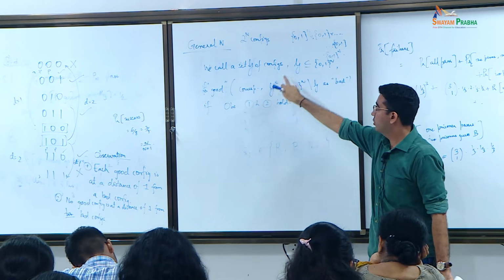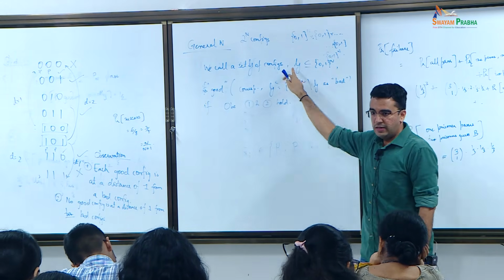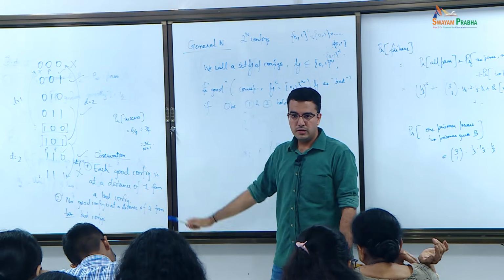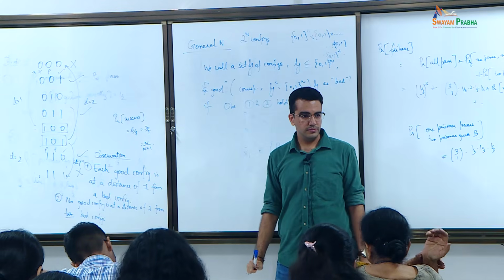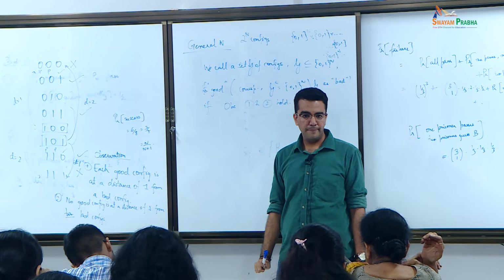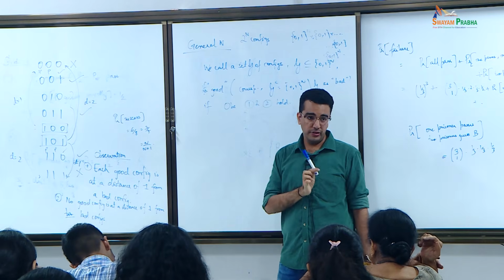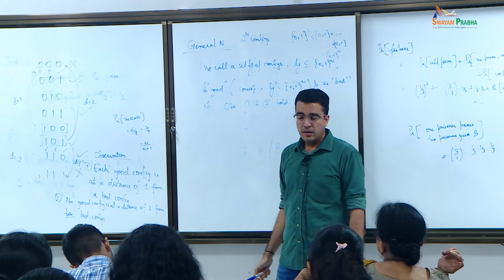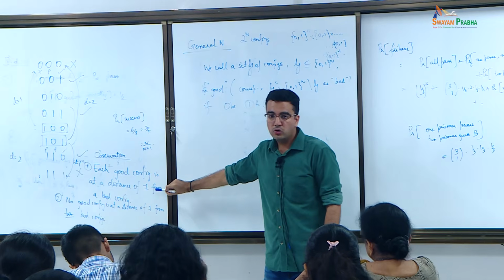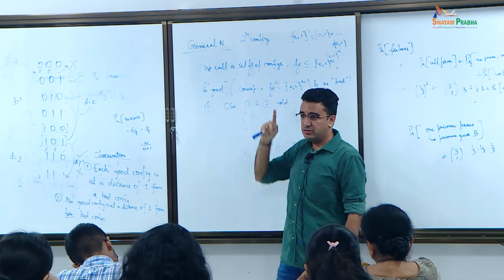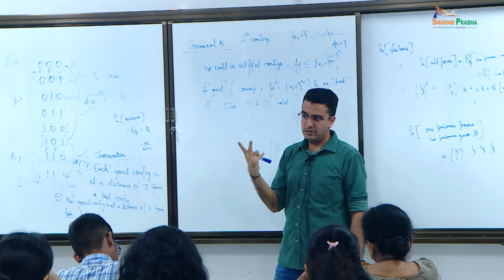So I call a set of configurations as good if each of them is at a distance 1 from some bad configuration. Each of them is at a distance of 1 from some bad configuration. And no good configuration, that is no element in this set G, is at a distance of 1 from 2 guys in G complement.